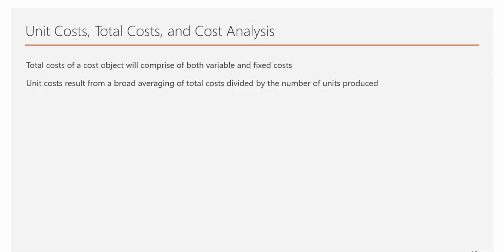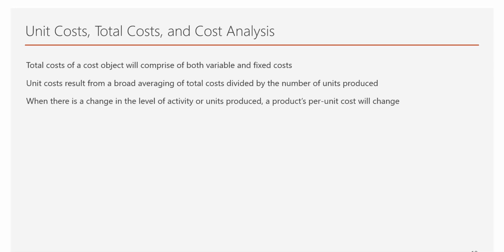So the total cost of a product is going to be the total of the variable costs and fixed costs. Now, how do we get unit costs? Well, we take the total costs it took to make the widgets, and we divide that out, or spread that out, over the number of units produced.